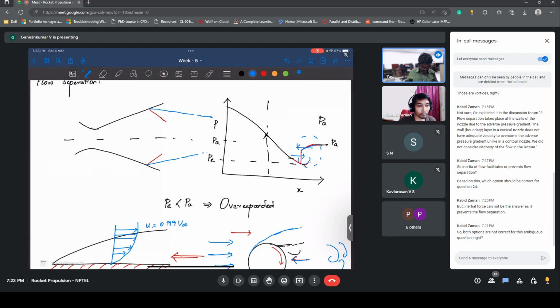Forces available in the supersonic flow delay the process of flow separation to pressures much below the ambient pressure. So actually, inertia forces will delay the process of flow separation, right? So separation, that is true, at pressures lower than the ambient pressure.